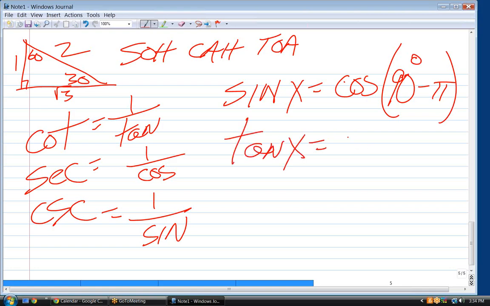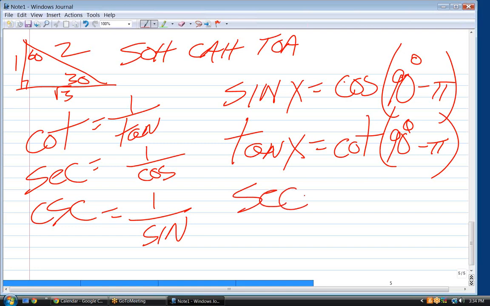The cofunctions are the functions where you take the regular trig function, you stick a co in front of it. In other words, the cofunction of sine is cosine. The cofunction of tangent is cotangent. The cofunction of secant is cosecant.